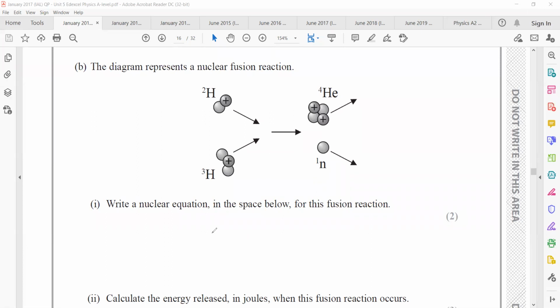As the two isotopes of hydrogen are fused together, they result in the formation of helium, and there is a neutron.